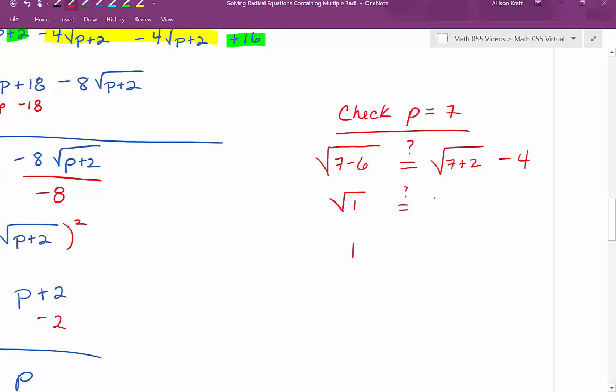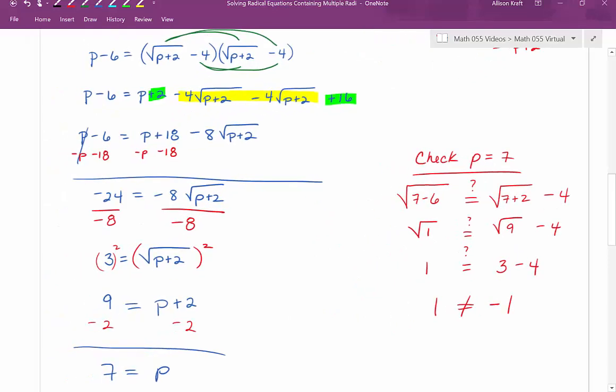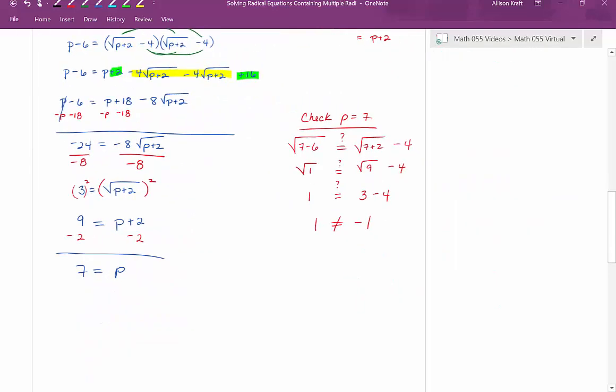On the right-hand side, we'll have the square root of 9 minus 4. We know that the square root of 9 is 3. Is 1 equal to 3 minus 4? It is not, because on the right, we're going to get negative 1. 1 is not equal to negative 1. Therefore, we need to throw out our solution.